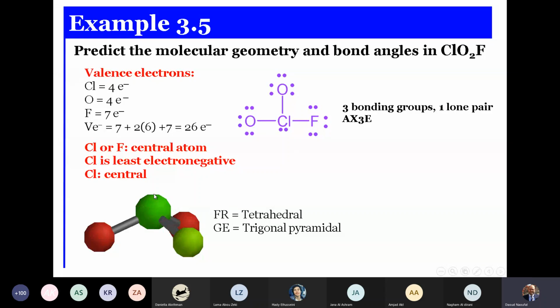So now we pass to the geometry. We erase the non-bonding pair. We obtain this AX3. So the geometry is like a pyramid, and the base is a triangle. So this is trigonal pyramidal. And the bond angle is less than 109.5.